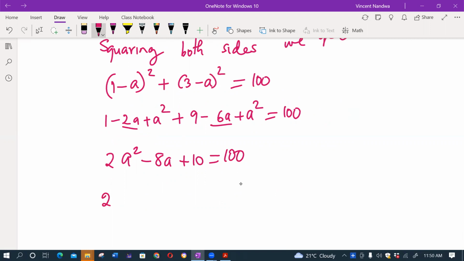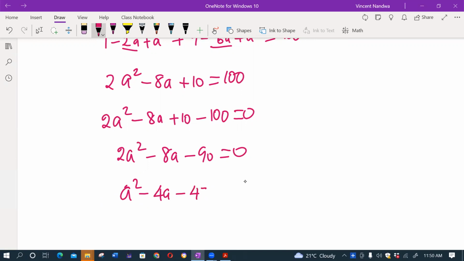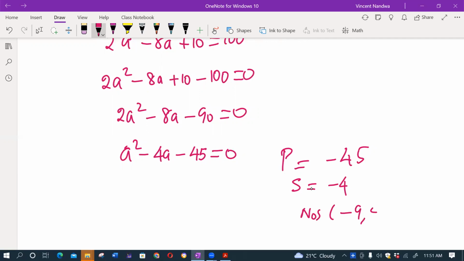So we have 2A squared minus 8A plus 10 minus 100 equals 0. So we have 2A squared minus 8A minus 90 equals 0. So we have A squared minus 4A minus 45 equals 0 by dividing through by 2. So product minus 45, sum minus 4. So we have numbers minus 9 and 5.